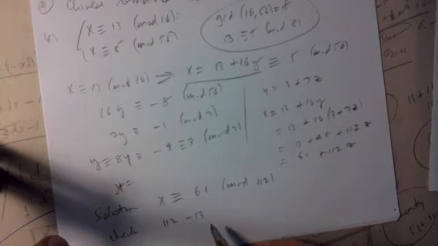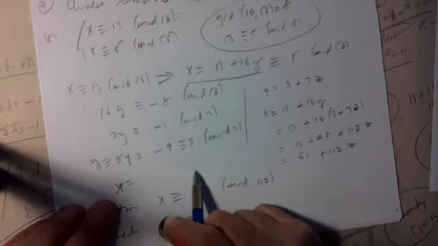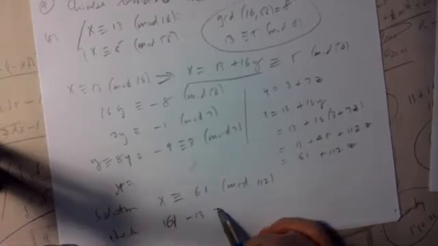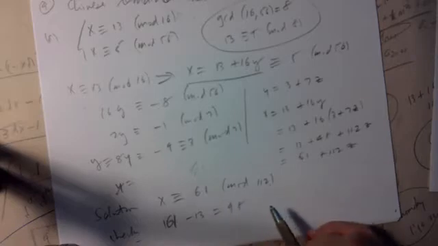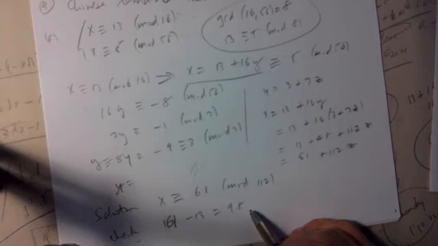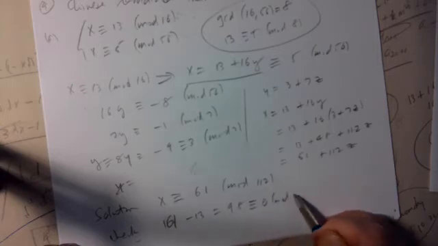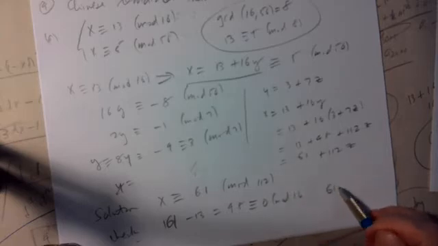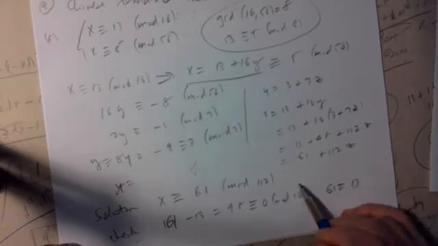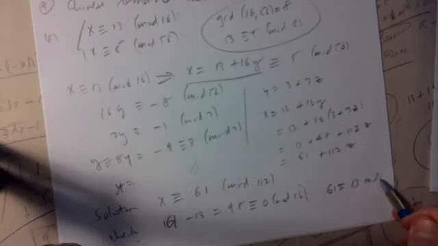61 minus 13 is 48. It's congruent to 0 mod 16. So 61 is congruent to 13 mod 16.